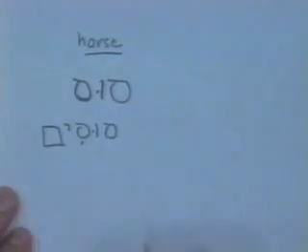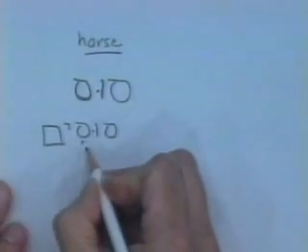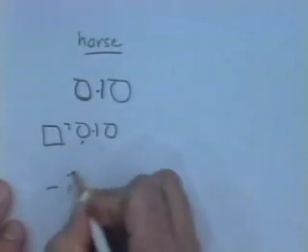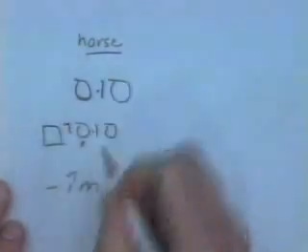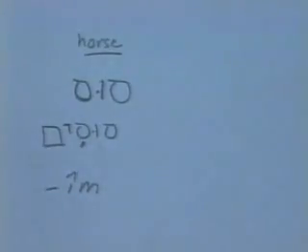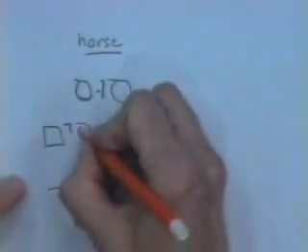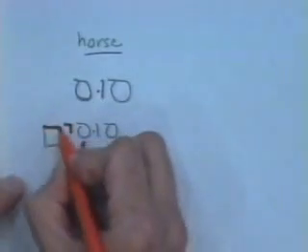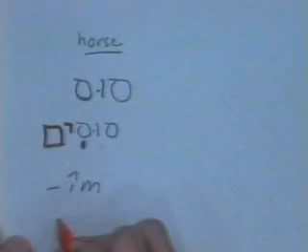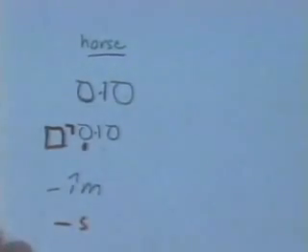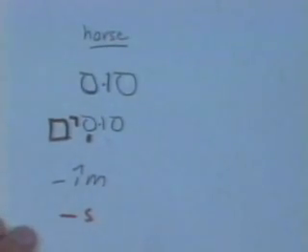If you take the word sus and you add the ending eem to it, that's a hirik yod. Now that's a mater letter, okay? This is a mater letter, hirik yod, and a final meme. That is the Hebrew plural ending equivalent to adding an S in English. Got it? That's pretty simple.